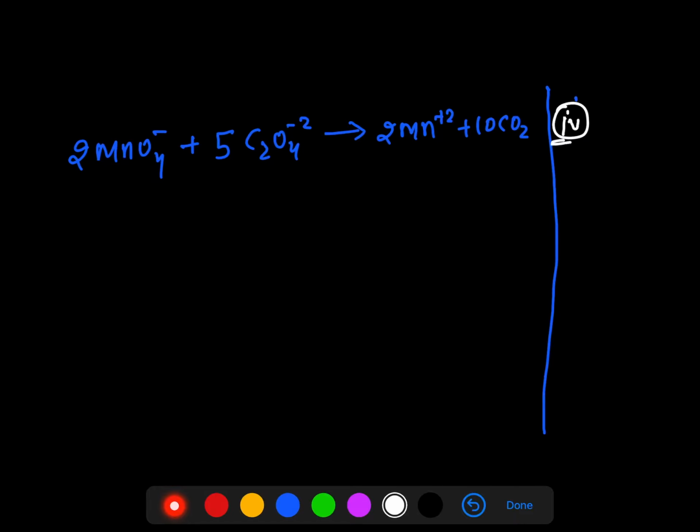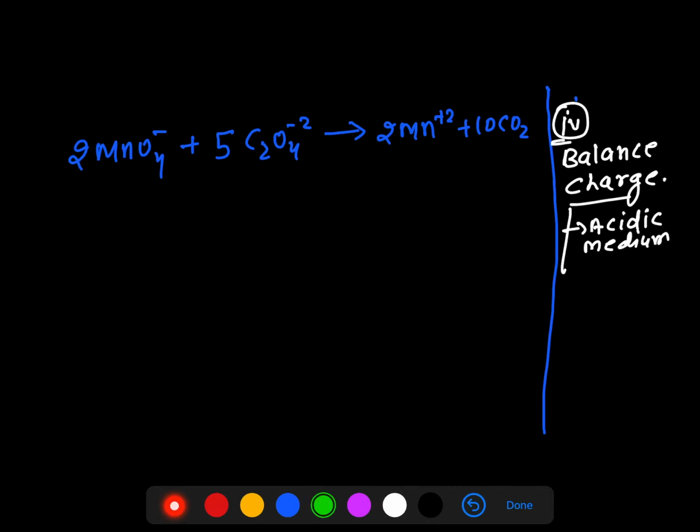Now in the fourth step, balance the charge. Now how are you going to balance the charge? It's different for different media. For acidic medium, use H+ to balance the charge, right? Now why are we going to use H+?